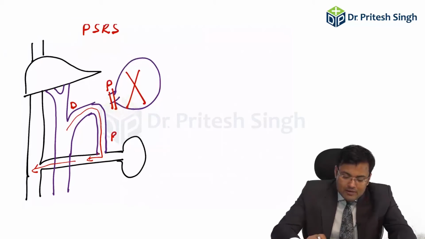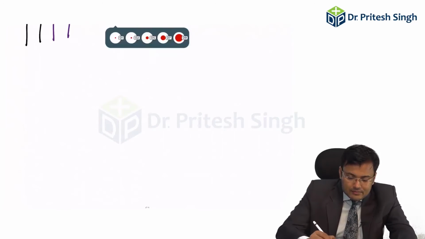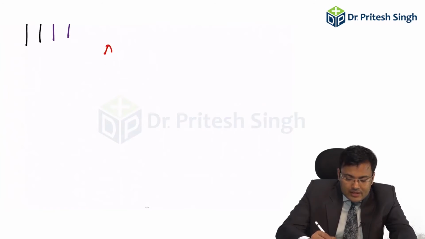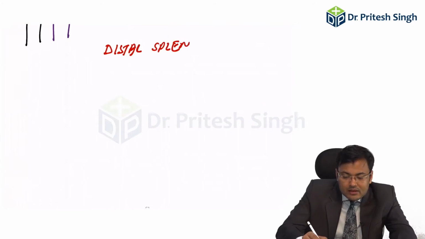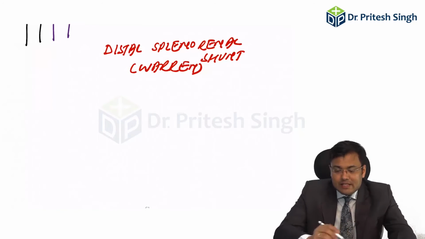Now have a look at selective shunt. First is distal splenorenal shunt. The other name of distal splenorenal shunt is Warren shunt. And it is a type of selective shunt.